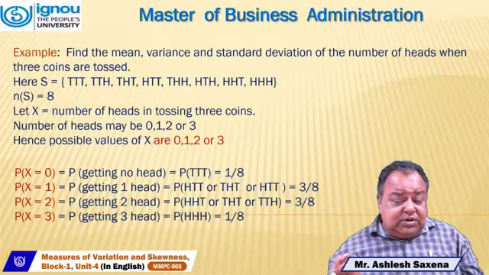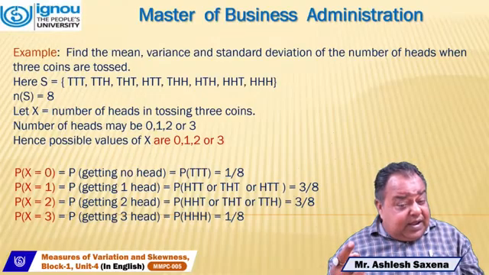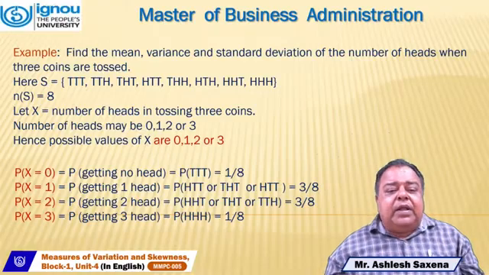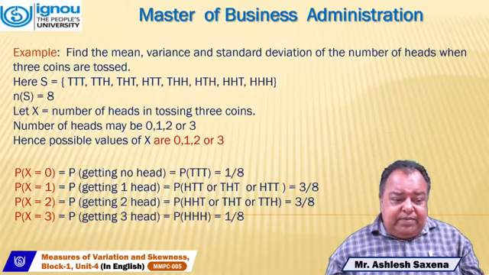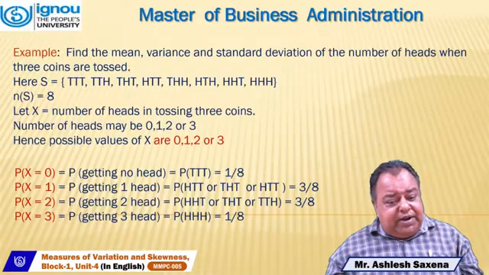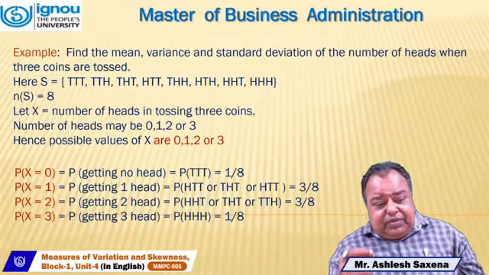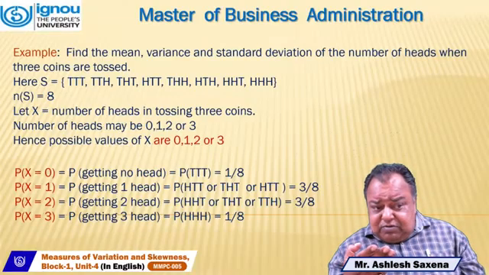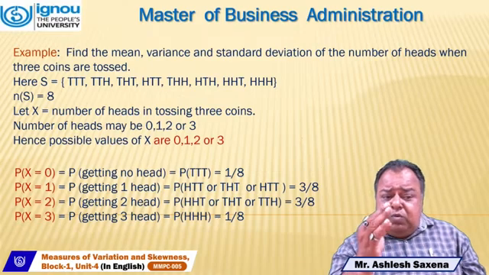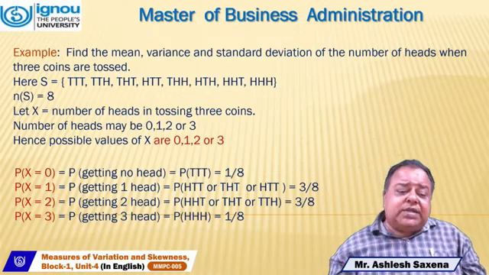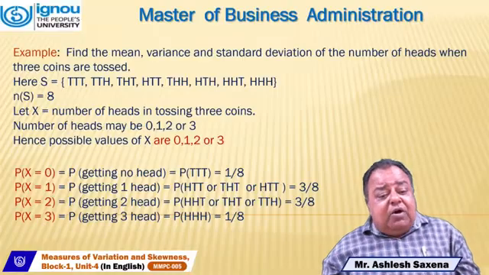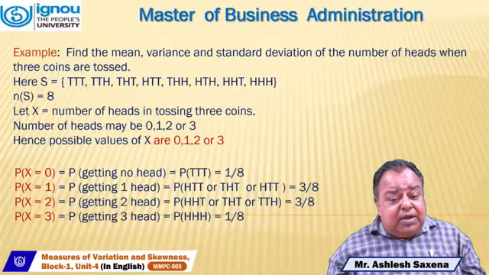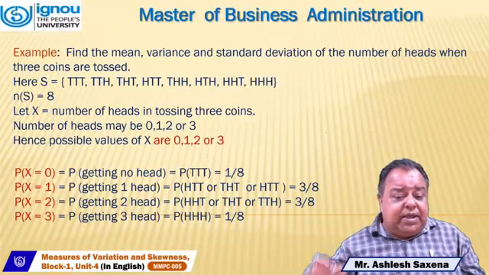We are talking about getting no head, 1 head, 2 heads, or 3 heads. Now you can see how the evaluation is done for the probability of no head. Looking at the sample space, there is only one outcome out of the 8 which does not have any head, that is, all 3 outcomes are tails. That is 1 by 8.